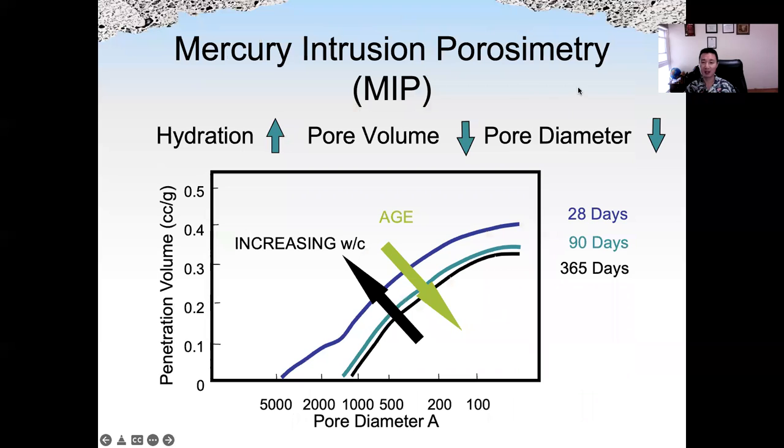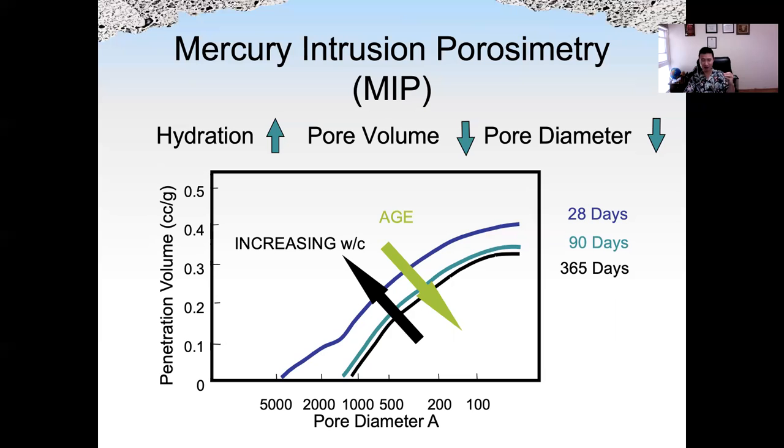MIP will also be discussed in future lectures. For this method, we push mercury inside the pores of the sample. We monitor how much mercury can be pushed into the sample versus the pressure. The pressure could be very high, up to 200 megapascal.